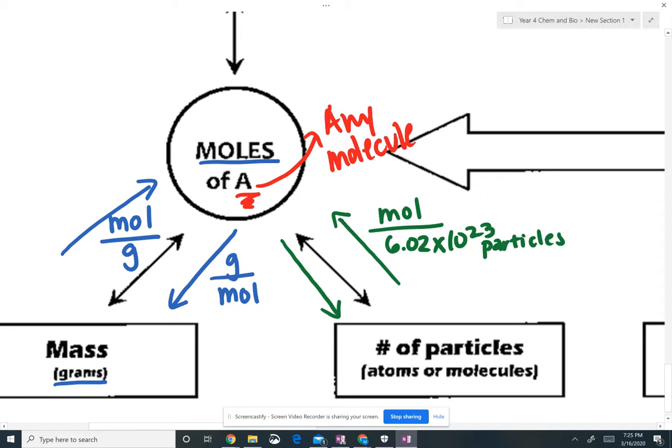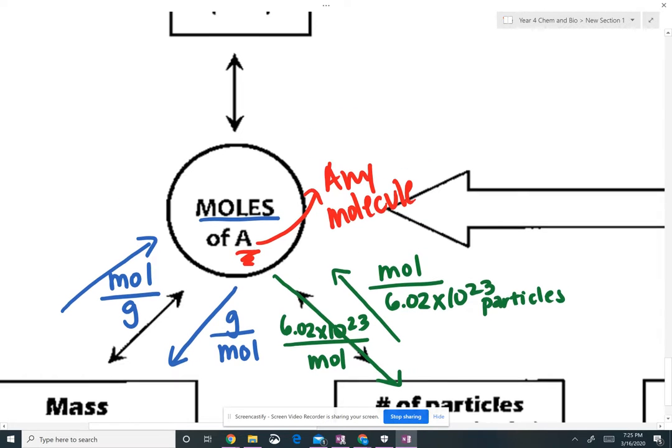If you wanted to end up with particles, and let me modify where this arrow is being drawn so I have some room to write, you're going to have 6.02 times 10 to the 23rd over a mole. That's what you would have if you were going down from moles to particles. But if you're going from particles to moles, you are going to use this conversion right here.